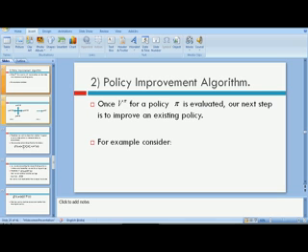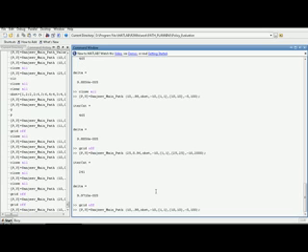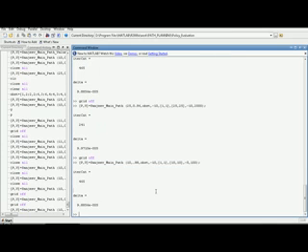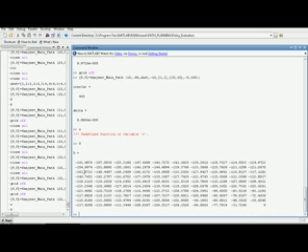So in my example, this was the state value function that I got. This was the example, and this was a value function.